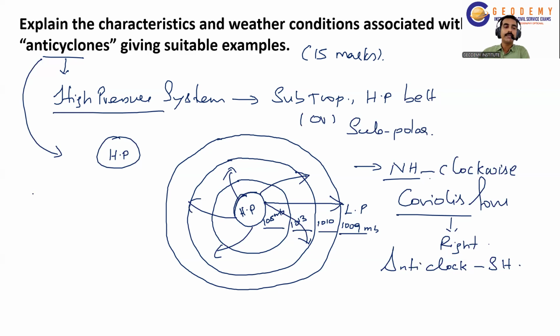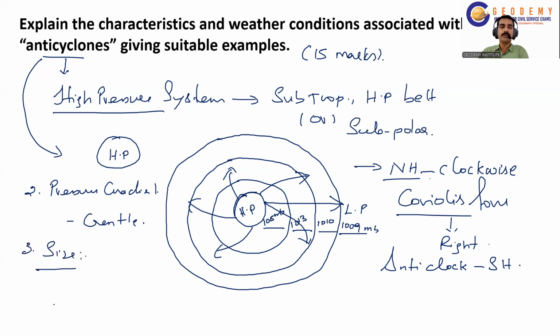Here, the pressure gradient is very gentle. So, due to the gentle pressure gradient, the wind velocity will be relatively very slow. And then size, another characteristic we can compare. The size is much larger than that of the temperate cyclone.